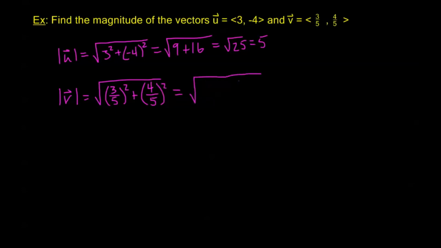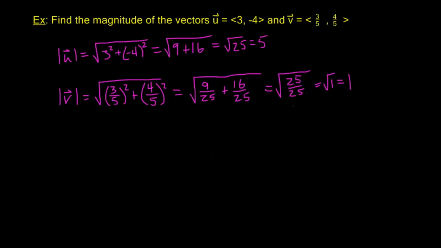So this is going to be the square root. 3/5 squared is 9 over 25. 4/5 squared is 16 over 25. So this is going to be the square root of 25 over 25, which of course is just the square root of 1, or 1. So the magnitude of u is 5, and the magnitude of v is 1.